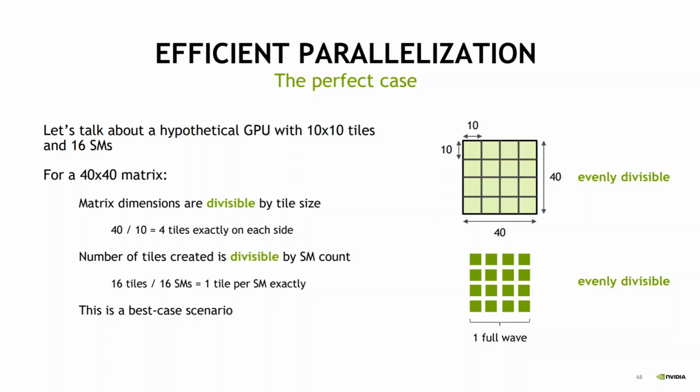So we can split our matrix perfectly evenly, 4 tiles exactly on each side. And we have 16 tiles in total, and that can be loaded to 16 SMs, 1 tile per SM, and can be optimally computed on our GPU.